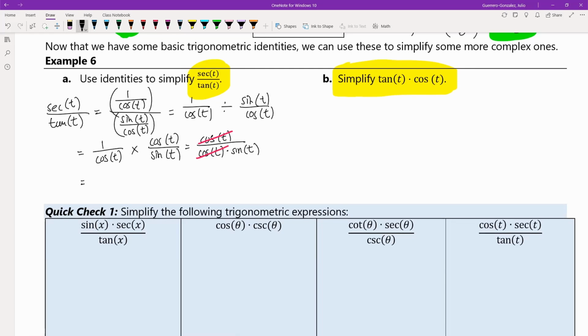You get left with 1 over sine of t. And 1 over sine of t, way back from the beginning of the section, is cosecant of t. And we are done. So what we just did is simplify secant t divided by tangent t, and that is the same thing as writing cosecant of t. Done.